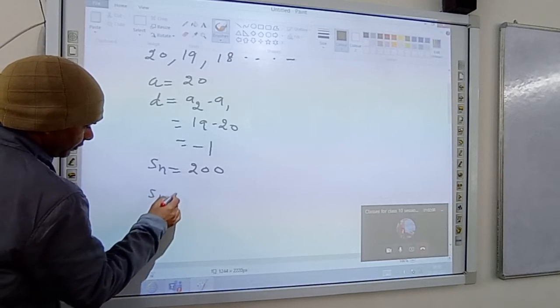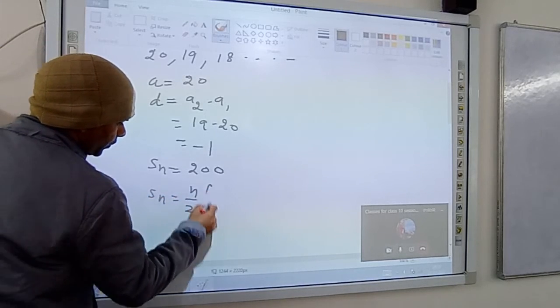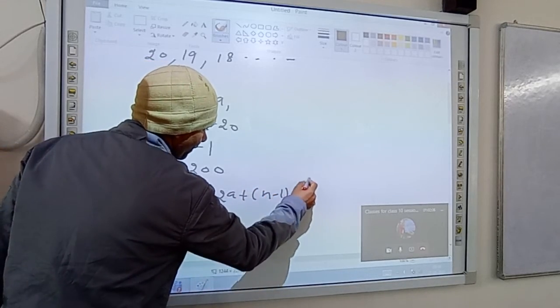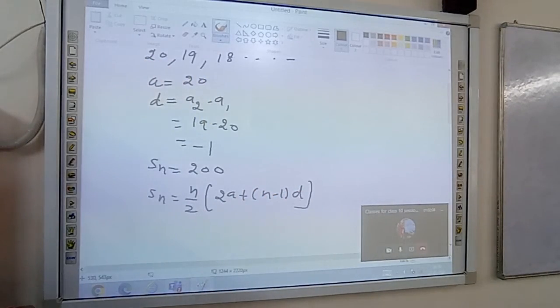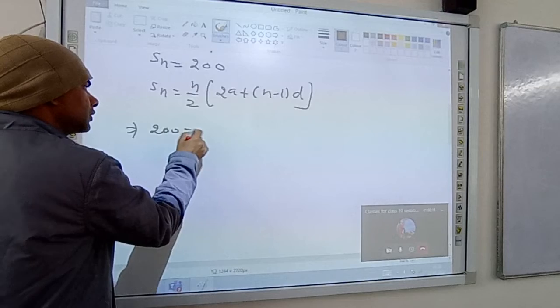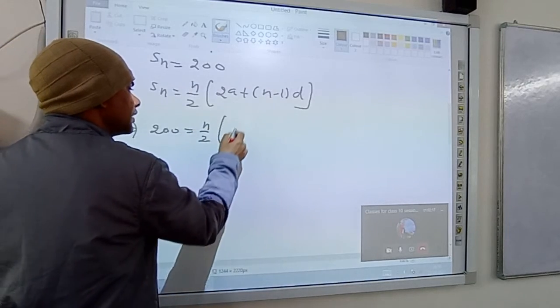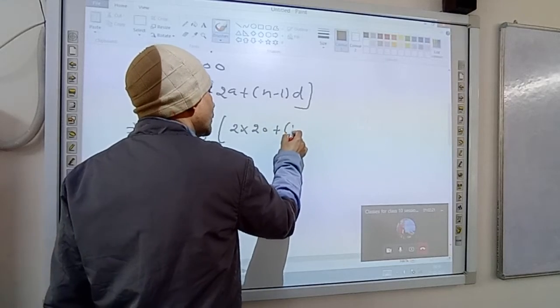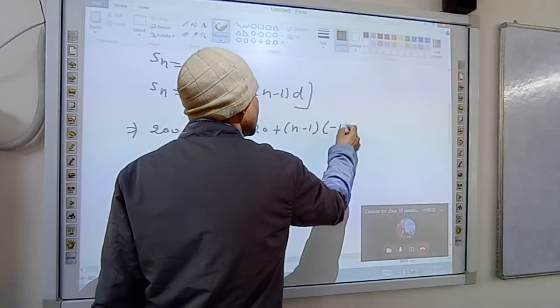Sn equals n by 2 into 2a plus n minus 1 into d. Sn is 200, a is 20, and d is -1.